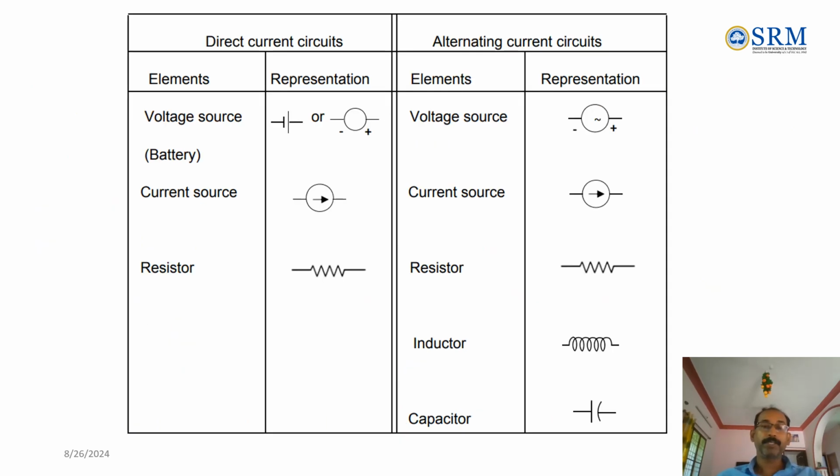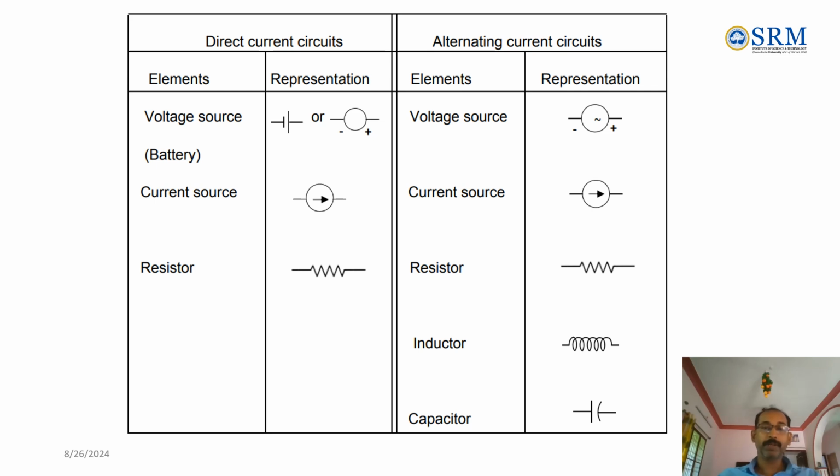Look at the direct current circuit and alternating current circuit, that is DC as well as AC. DC is called direct current circuits, AC is called alternating current circuits. The DC elements like the voltage source, either this way or this way, you can represent in the circuits, as well as the current source. In the same way, it can be represented this way also, opposite.